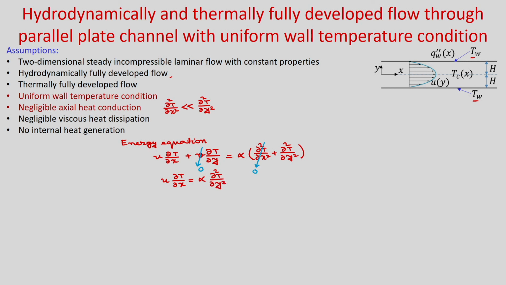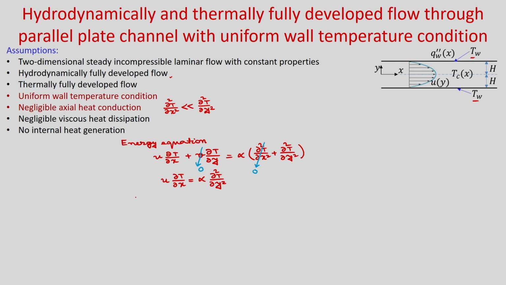Now, we will consider a non-dimensional temperature, defined with respect to the difference between the temperature of the central line and the wall temperature. So, theta is equal to T minus T w divided by T c minus T w.